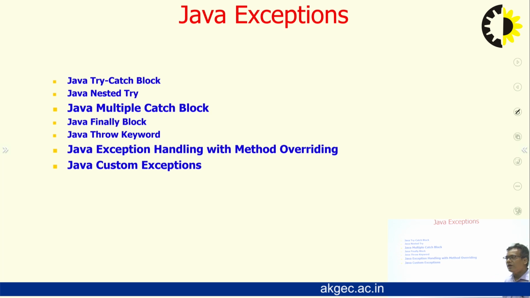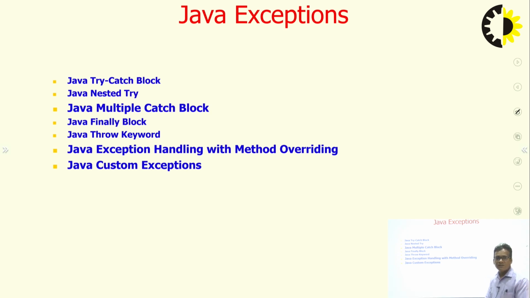So now we have discussed different kinds of exceptions. The point arises how to handle these kinds of exceptions in our program. We have different ways to handle exceptions, by using a try catch block, or using try with multiple catch blocks.